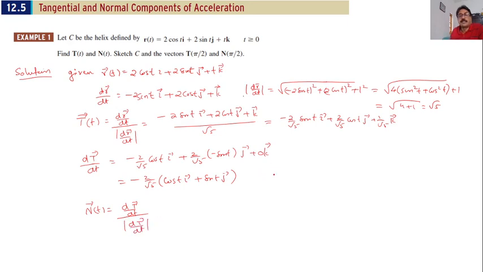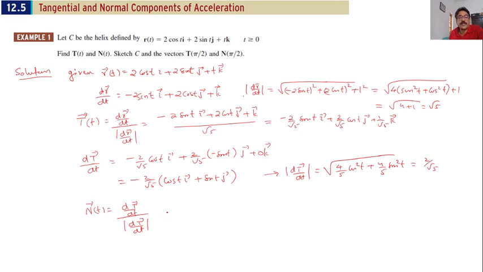Modulus of dT by dt is square root of (2 by root 5 cos t) square, that is 4 by 5 cos square t plus 4 by 5 sin square t. Again you can take 4 by 5 outside, cos square t plus sin square t is 1, so it is only square root of 4 by 5, that is 2 by root 5.